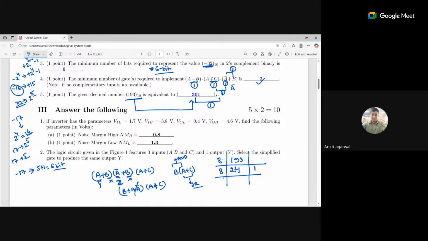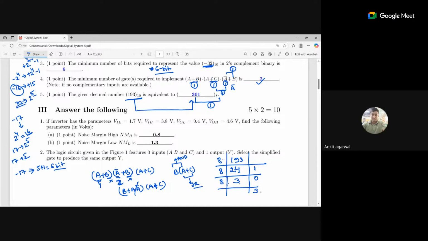If I again divide 24 by 8, I get 3 with no remainder. And if we divide 3 by 8, the number is less than 8, so that is not divisible, so 3 is the remainder.